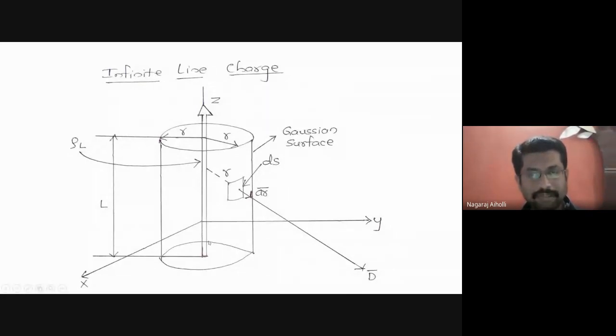The z component of the electric flux density will be cancelled out due to the plus z and minus z components, and hence we are not considering the z component of the electric flux density when deriving the equation for the infinite line charge.